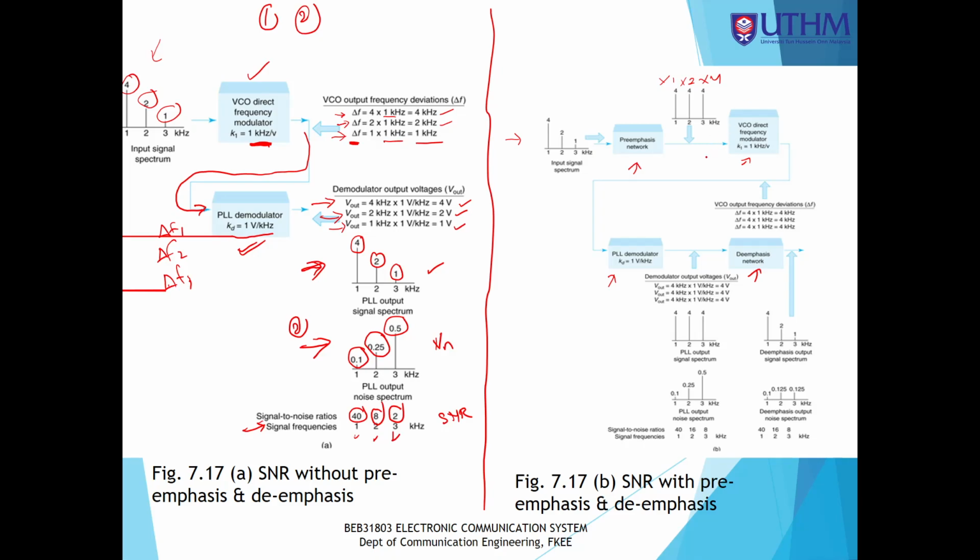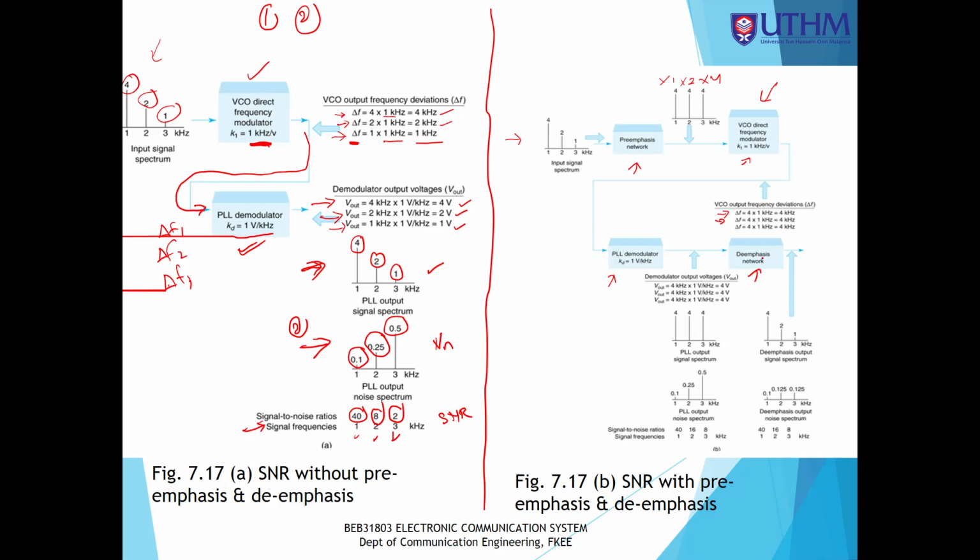Then it goes into the VCO. At the VCO, we get the frequency deviations delta F1, delta F2, delta F3. Delta F1 is VM1 multiplied with K1, so we get 4 kilohertz.